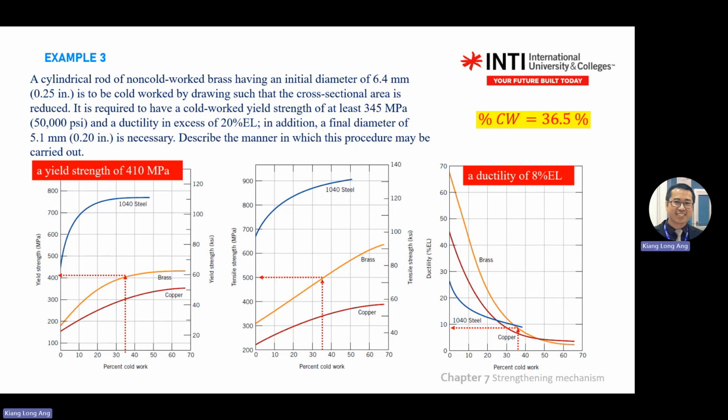About 25? No, not 25. It's about 20, less than 25, like 21, 22%, right? But you can check on the graph.